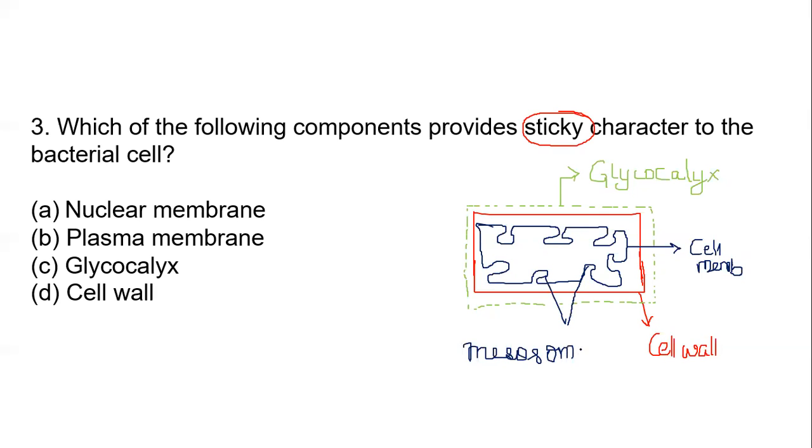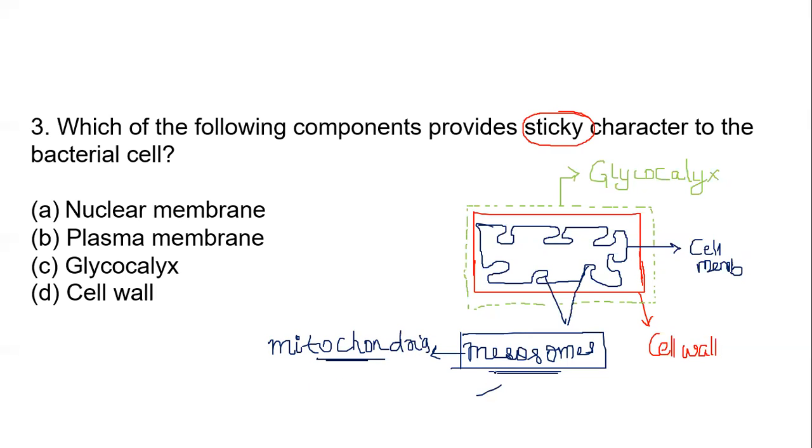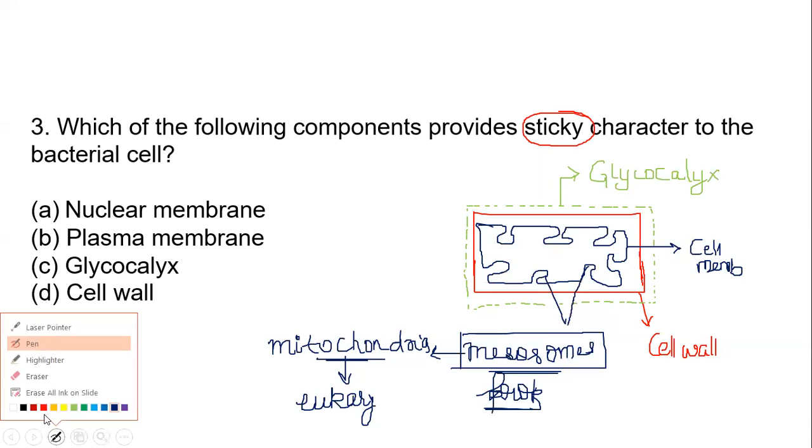It is referred to as the mesosomes. And this mesosome is the only organelle that performs almost every function, and it is similar to the mitochondria in a eukaryotic cell. So mesosome is present in a prokaryotic cell, and it is similar to the mitochondria present in a eukaryotic cell as well.